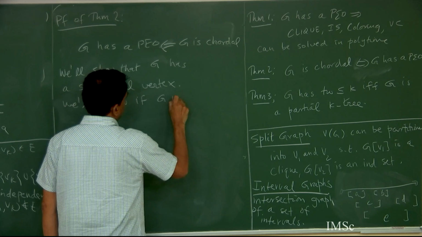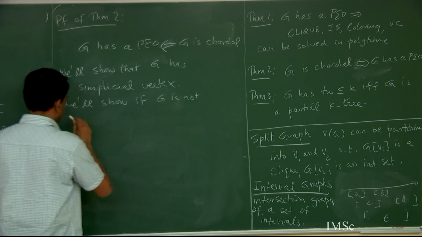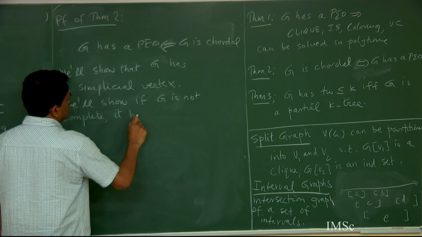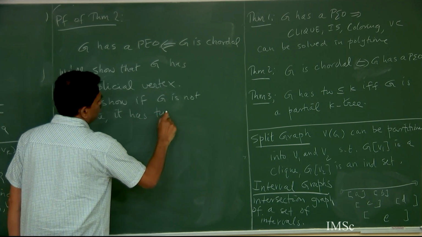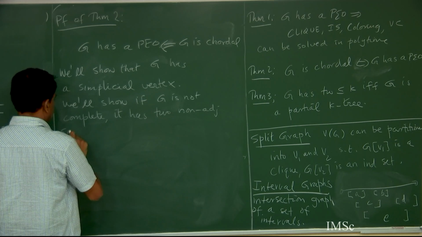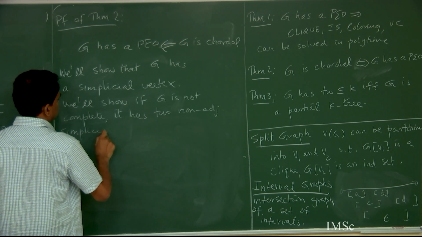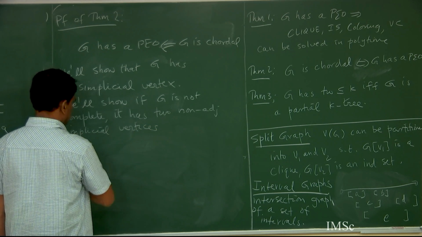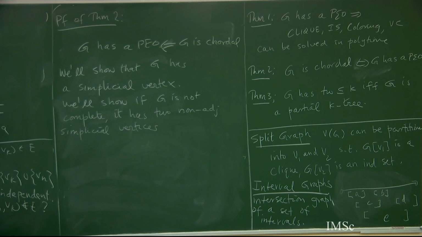If G is not complete, it has two non-adjacent simplicial vertices. If it is complete, every vertex is simplicial anyway, so it is not a problem. It is like a tree has two leaves kind of.